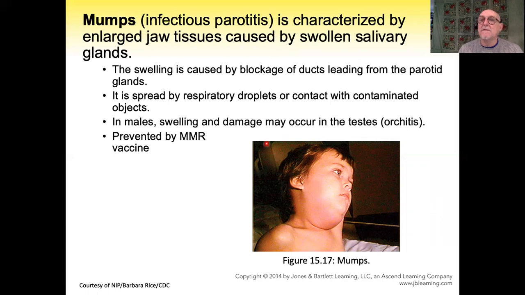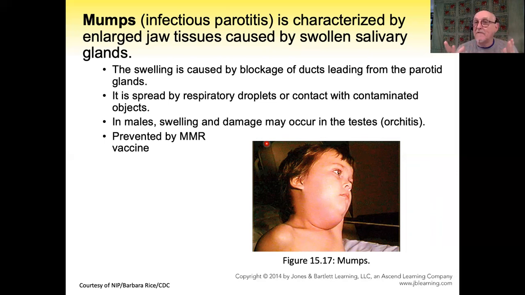And in males, the most spectacular is an inflammation of the testes. And the testes can swell to an enormous size, despite the fact that they are surrounded by a very dense connective tissue coating. So they are effectively developing pressure against this, and it can cause disruption of the testicular tissues, which are very highly organized to produce sperm.